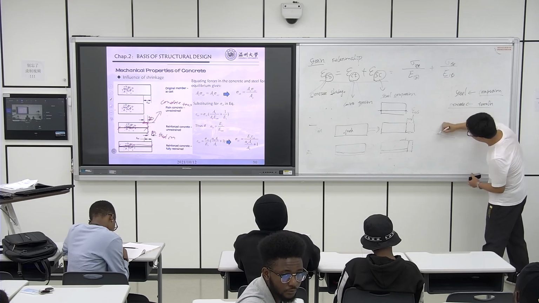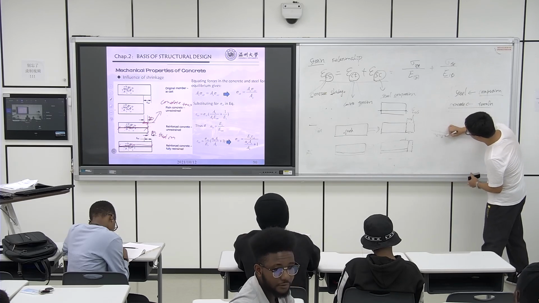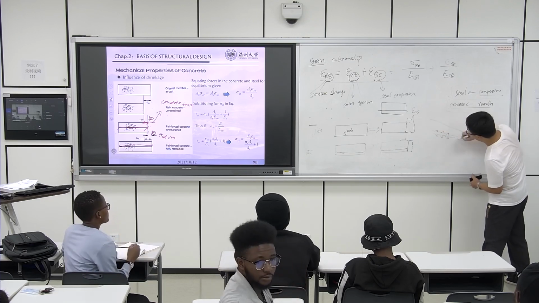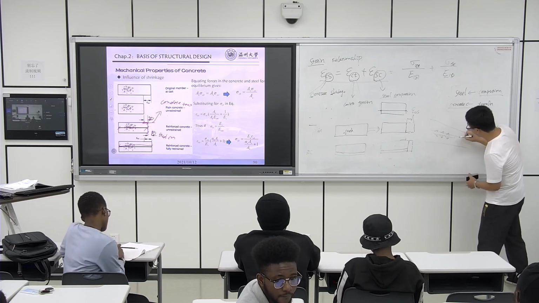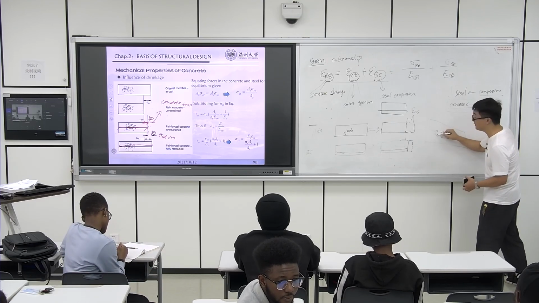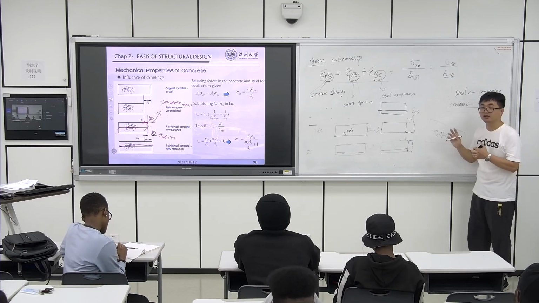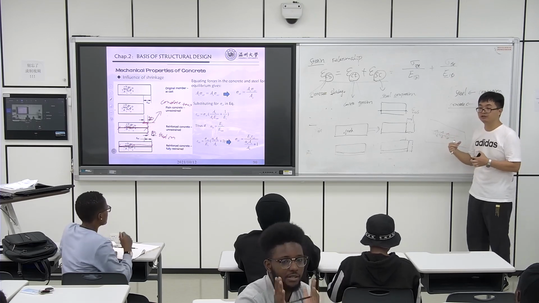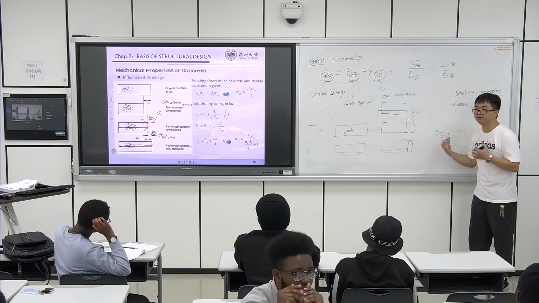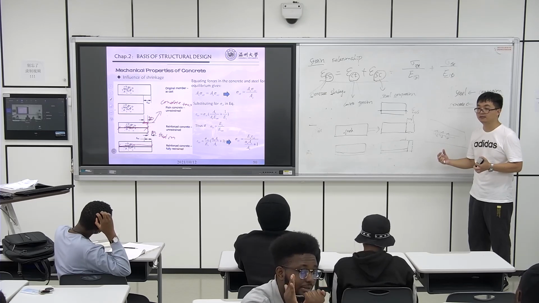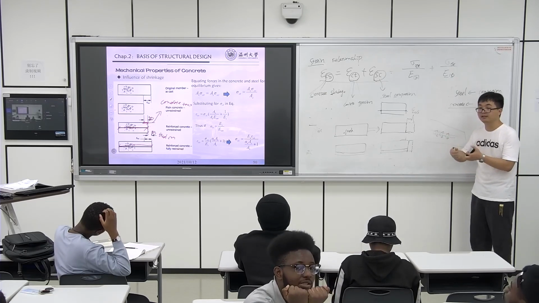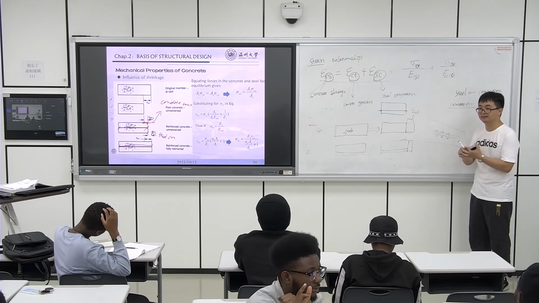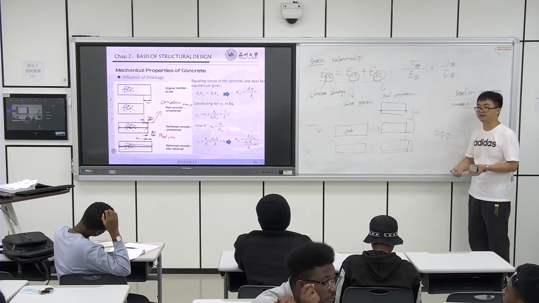here you may not know the bond force between the steel bars and the concrete, right? Steel bars in concrete, the surface touches the concrete. They have the friction or another bond force, right? They are bonded together, like you tie the steel bars with the concrete.